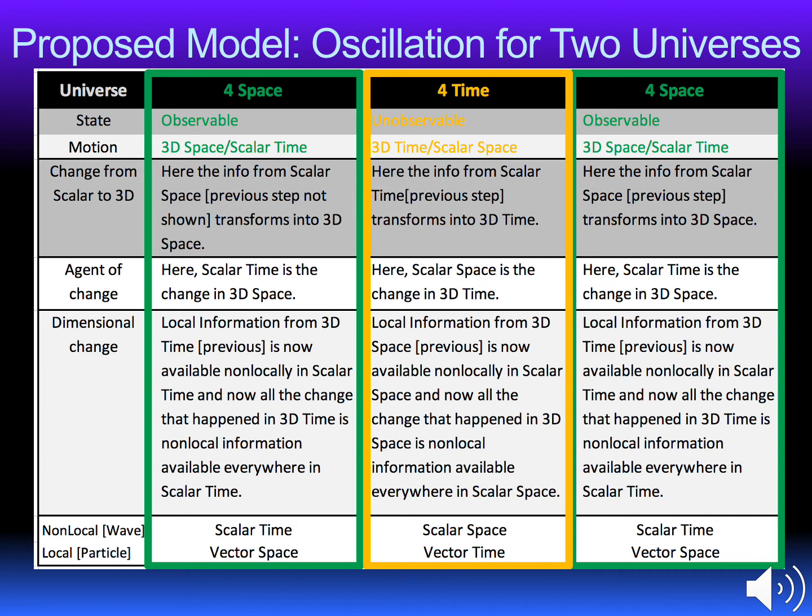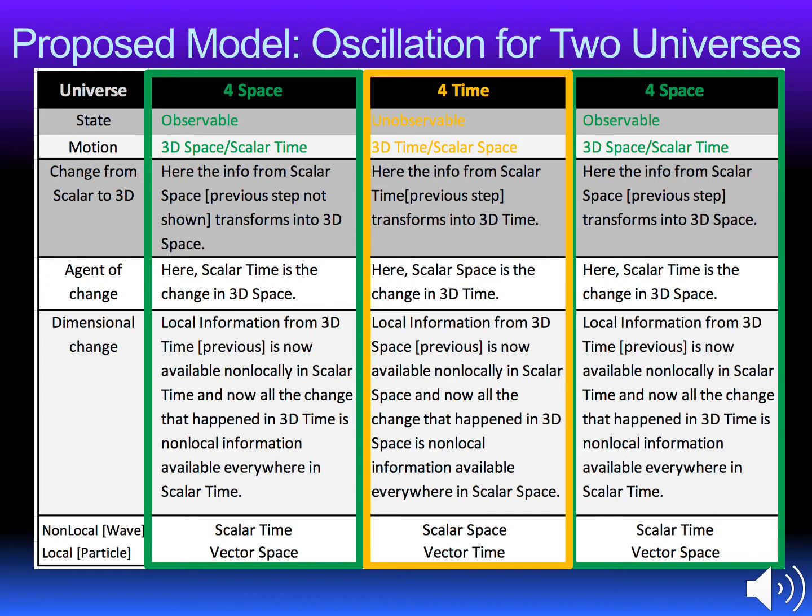And then in the final column, we flip back to 4-space again, and here you see the transformation back again. And in the dimensional change here, we see how local information from 3D time is now available non-locally in scalar time, and now all the change that happened in 3D time is non-local information available everywhere in scalar space.